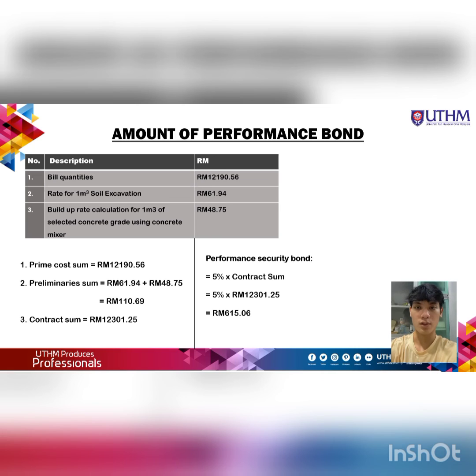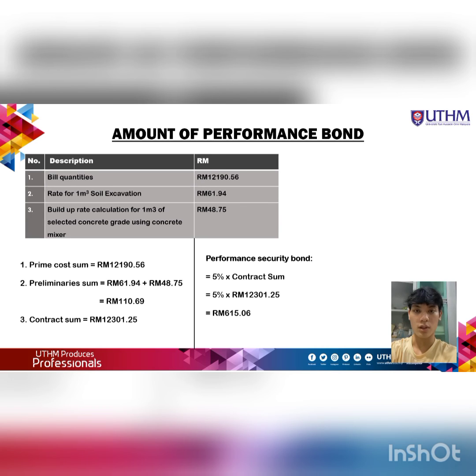First, the prime cost sum value we can get from our bill of quantities, 12,190 ringgit and 56 cent. Second, the preliminary sum value we can get from the total of both the rate for 1 meter cube soil excavation and the build-up rate calculation for 1 meter cube of selected concrete grade using concrete mixer. We got 110 ringgit and 69 cent for our preliminary sum value.